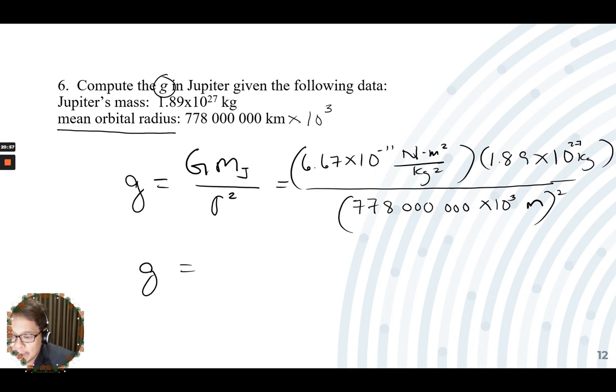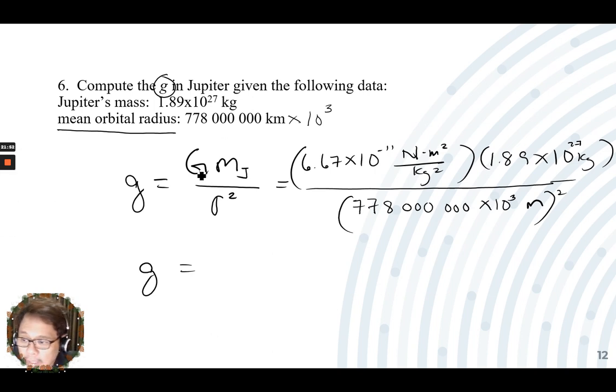Wait, 6.67 times 10 to the negative 11 times 1.89 times 10 to the 27. The answer is very small.